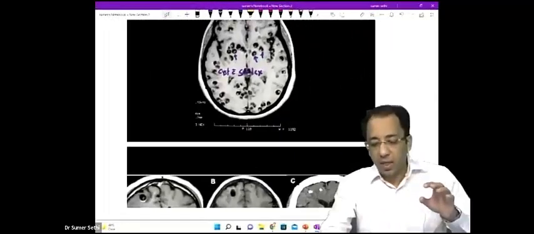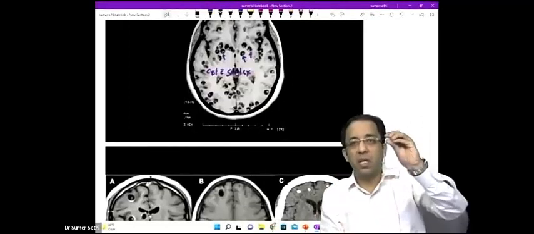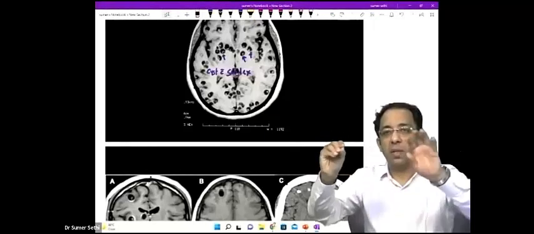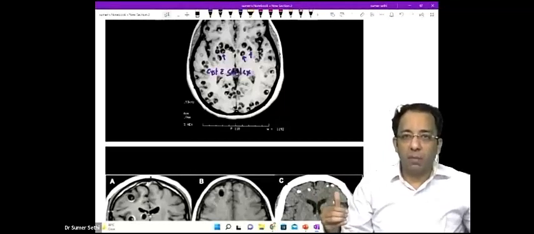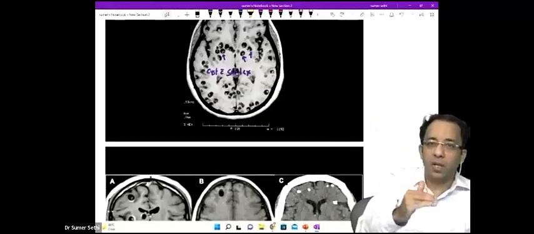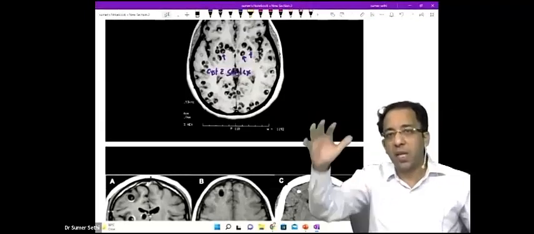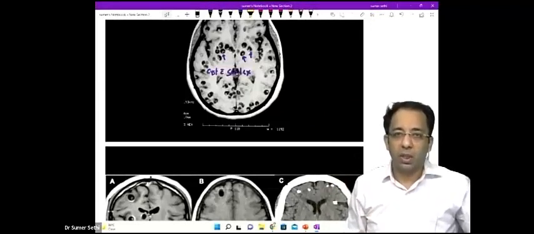And secondly, if I see multiple stages in one image, that means if I see one nodule which is non-enhancing, one calcified, one ring enhancing, this is typical of NCC, because when you give the treatment, some parasites will be alive, some will start dying, some will be dead. So if you see multiple stages of the parasite in the same image, that is likely to be NCC, that is unlikely to be tubercular.